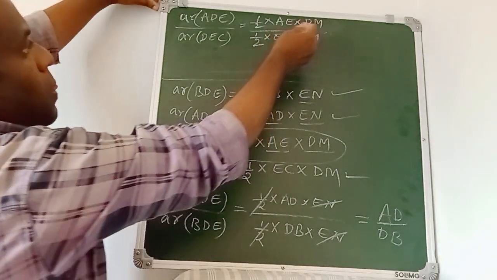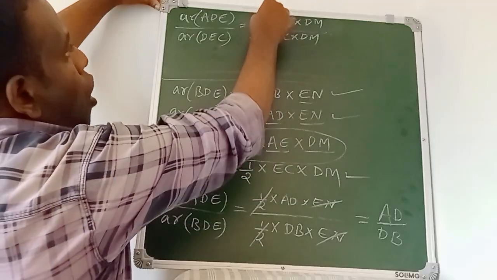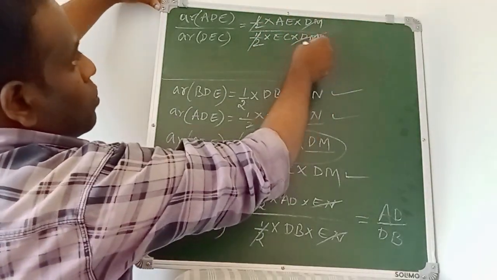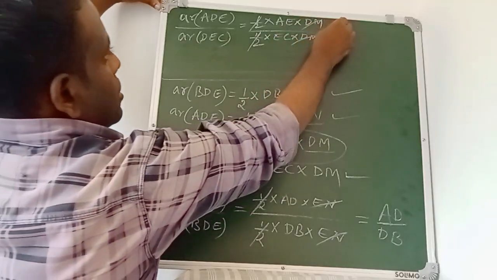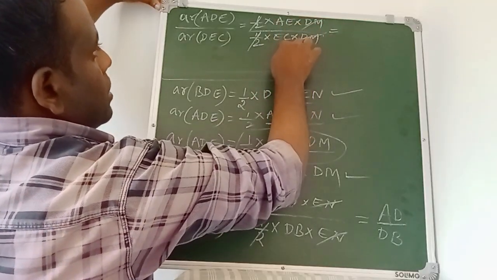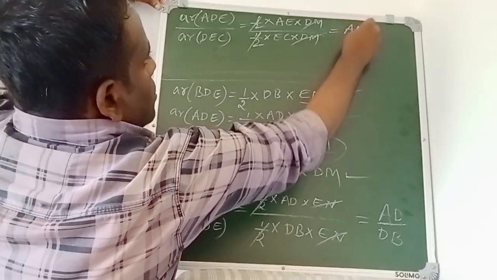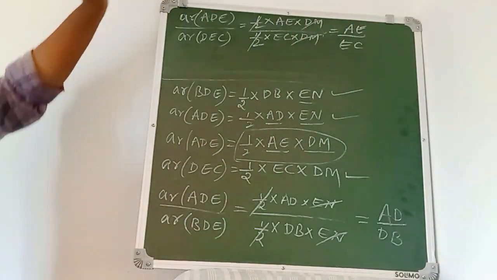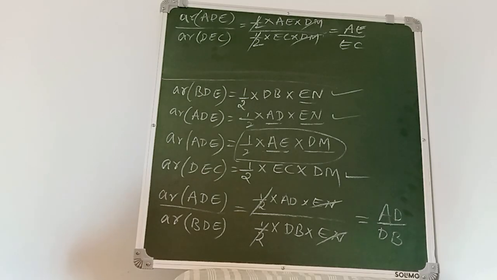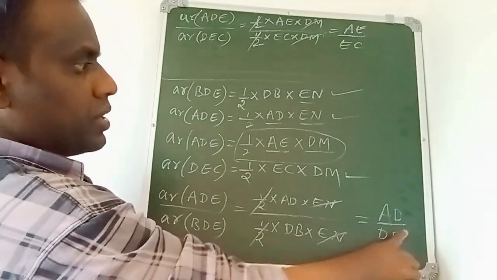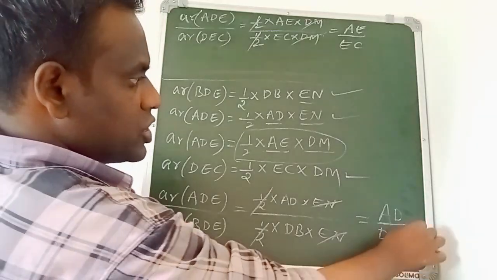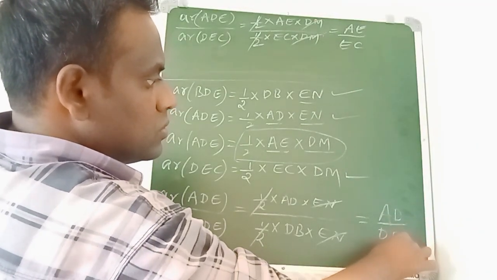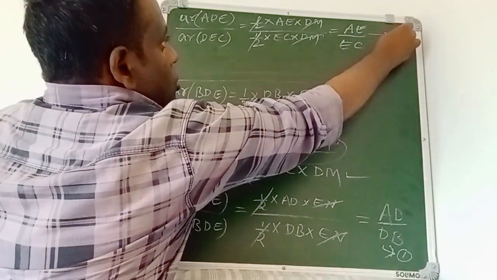Now we can see half cancels out, DM cancels out. What is left? AE by EC. So we got this, I will take it as equation 1. This I will take as equation 2.